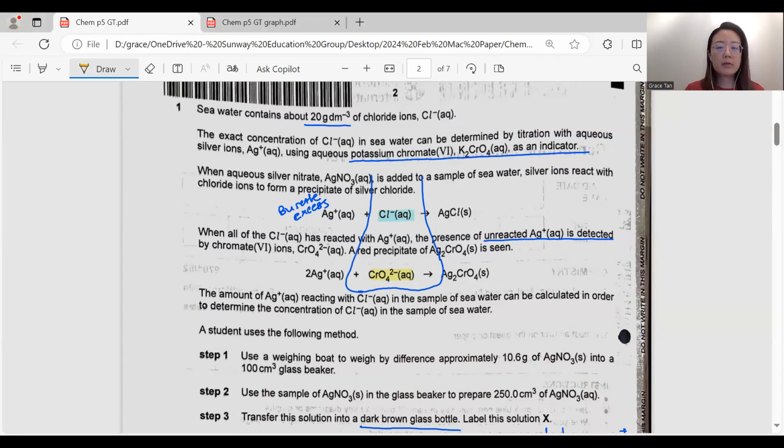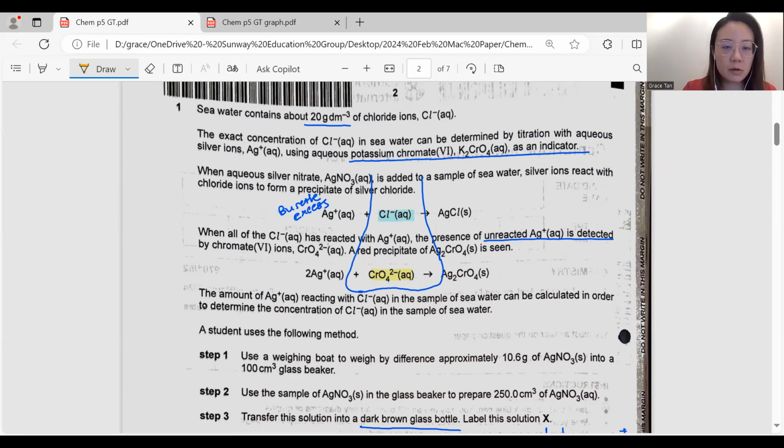When all the chloride has reacted with silver, the presence of unreacted silver ions is detected by chromate. A red precipitate of silver chromate is seen. The amount of silver reacting with chloride in a sample of seawater can be calculated in order to determine the concentration of chloride in the sample of water.